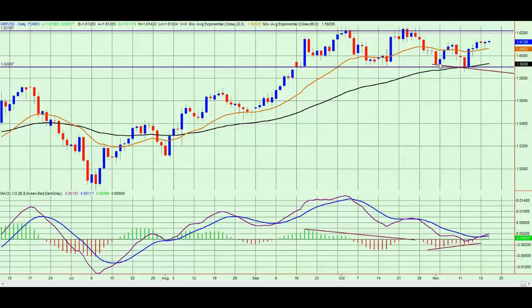This is where you're talking about divergence, because price is pushing down, but momentum is actually pushing up. So we're looking at an area where price is likely to turn in direction. And that's how you can use the MACD divergence and convergence to identify areas of entry.